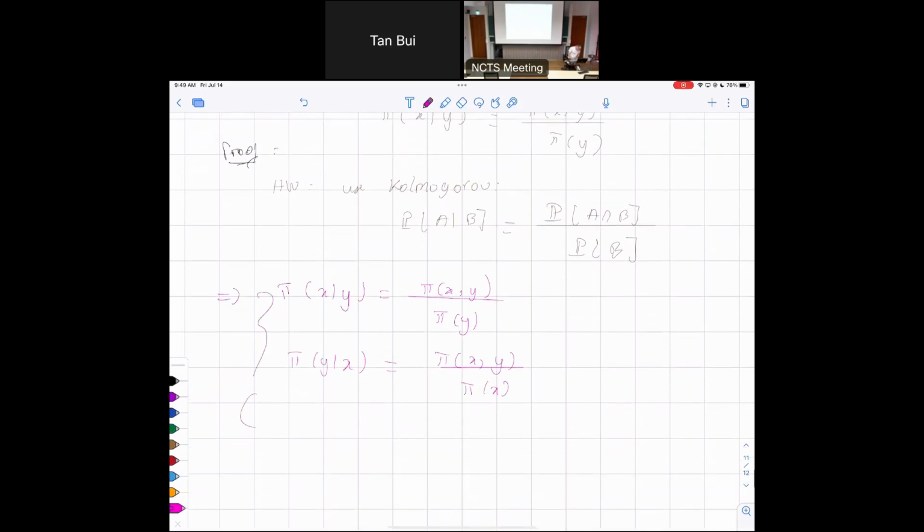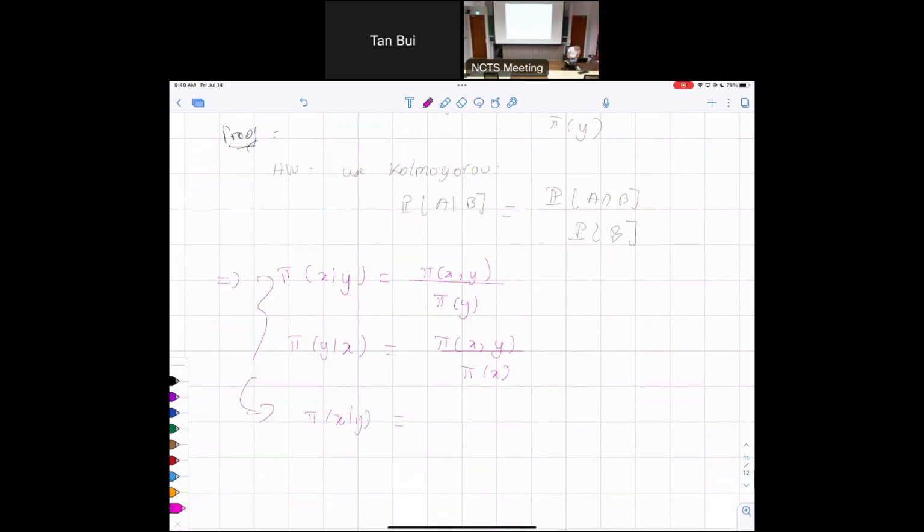And from these two, you see that they share the same numerators. So we immediately see that π(x|y) is equal to π(y|x) π(x) divided by π(y).